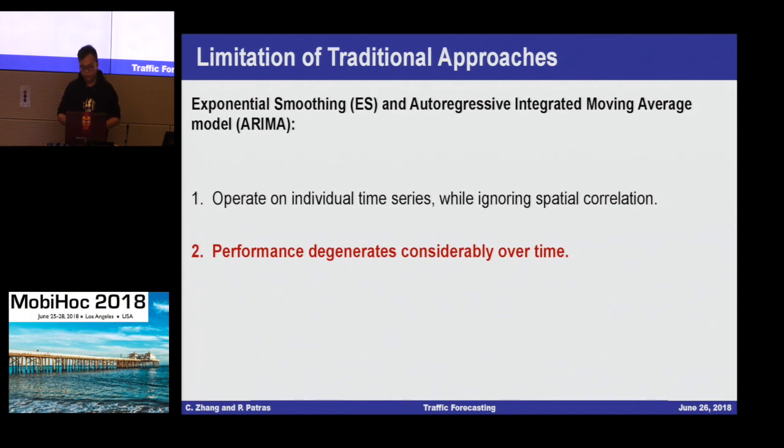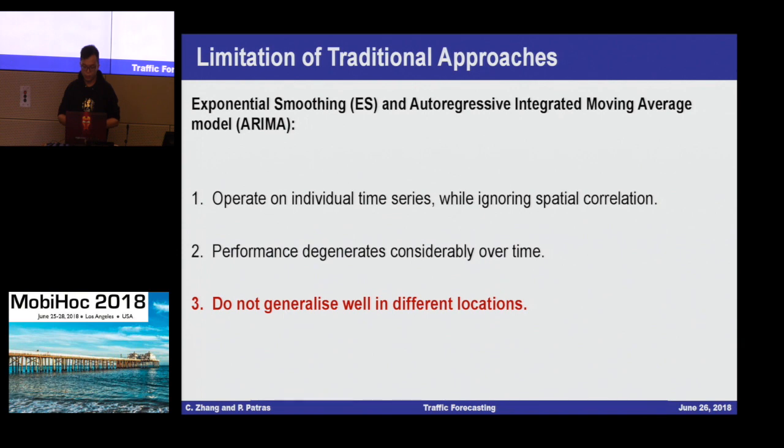Also, their performance degenerates considerably over time, which means they might perform well at the initial prediction step, but after that the prediction may be bad. Most importantly, since they are trained on a single time series and only applied to that same one, they do not generalize well to different locations.